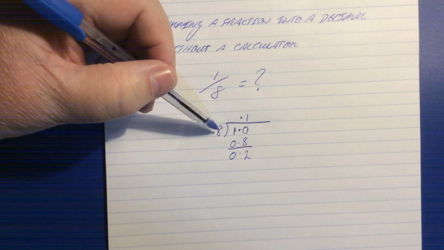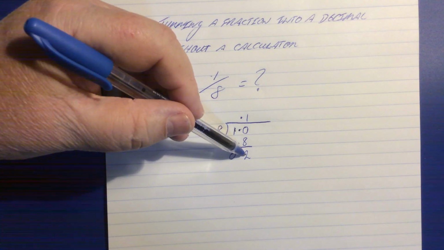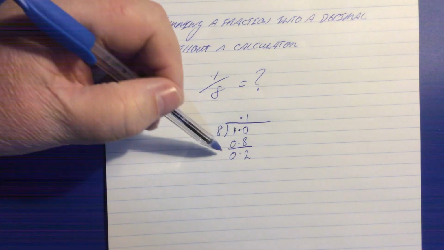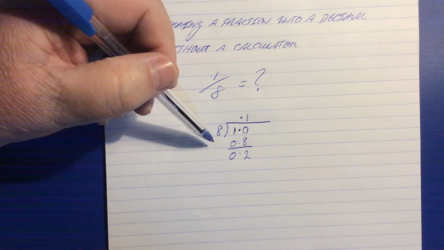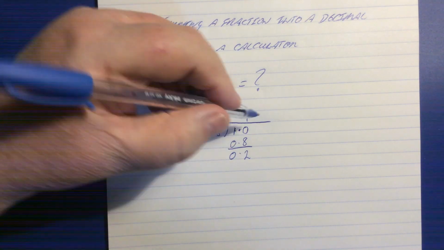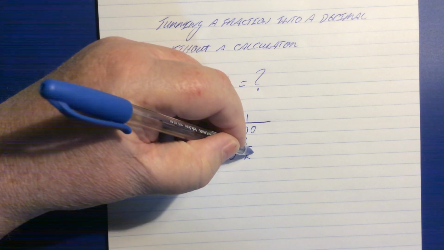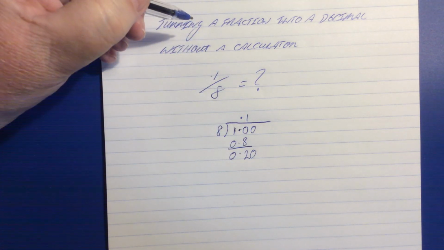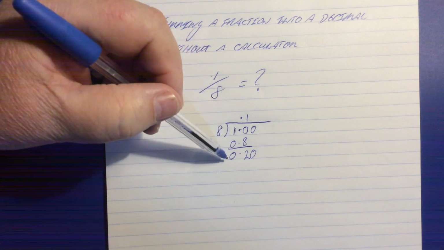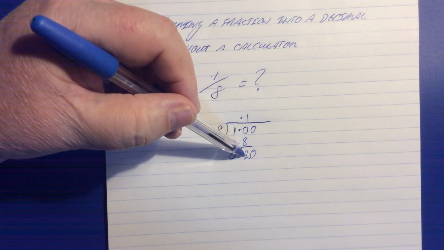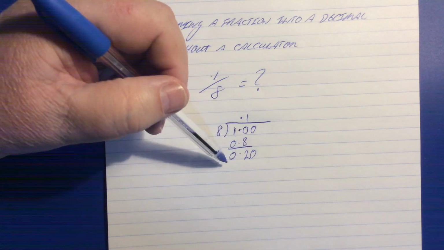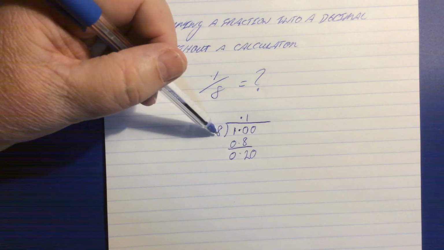Okay, now 8 won't go into 0.2 or into 2, again, if you want to suspend disbelief. But if we add a 0, 8 will go into this number. Let's just call it this number.